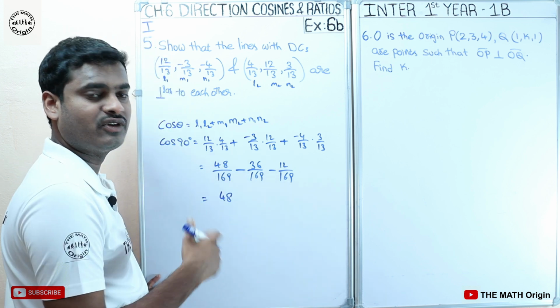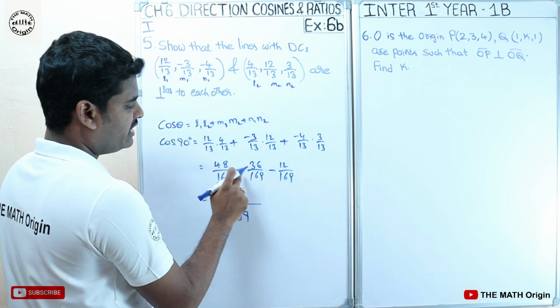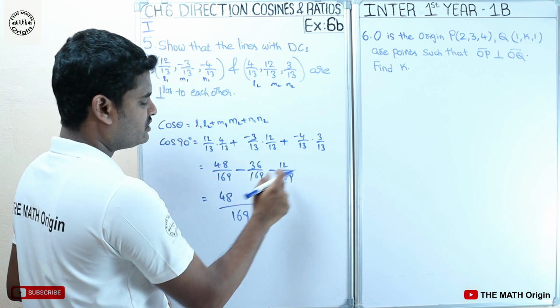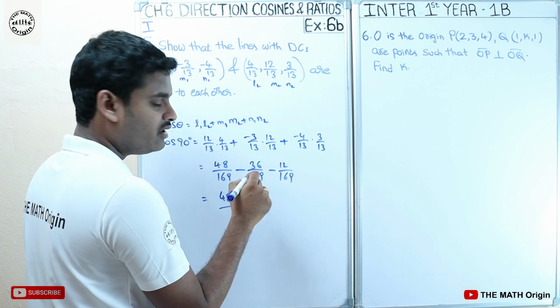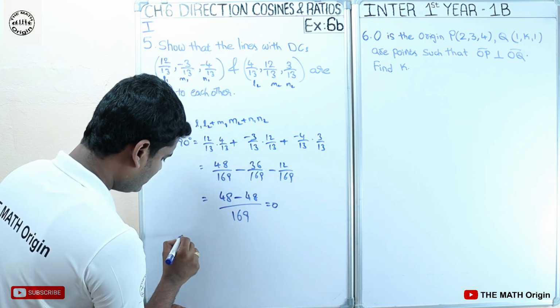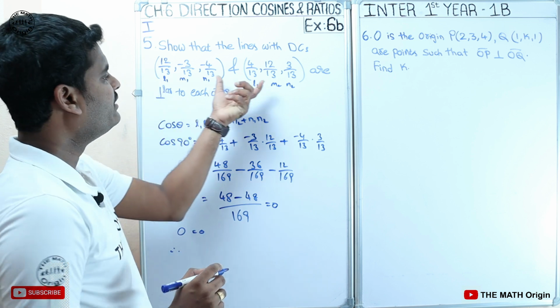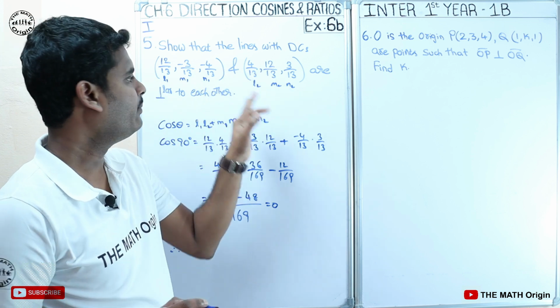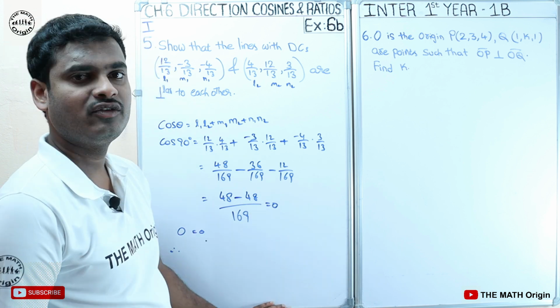Denominator is 169, therefore LCM will be 169. 48 minus 36 minus 12, means 36 plus 12 is 48, so 48 minus 48, which is equal to 0. 0 equals 0, therefore the given two DCs are perpendicular to each other. Here ends our fifth problem.